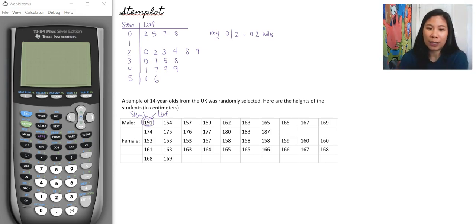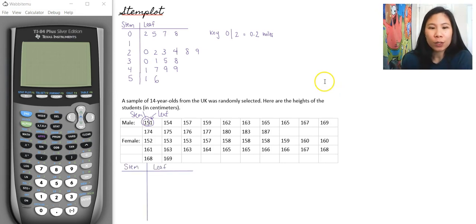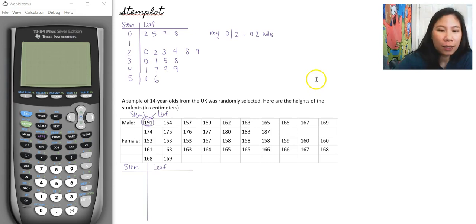I've already put our data in order between male and female because I want to compare later. So I'm just going to make a stem plot of the male heights first. With my male heights, because our smallest number is 151, the first stem will be a stem of 15 with a leaf of 1.